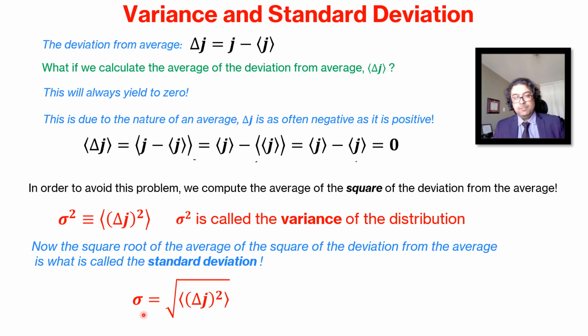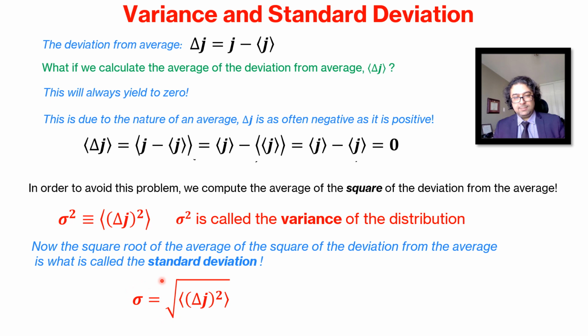So if a probability distribution is highly peaked, that means the standard deviation would be small, because most of the individuals would be close to the average value. But if, on the other hand, the probability distribution is broad, then the standard deviation would be a large number, because each individual would be highly likely to fall in a region that is away from the average value.